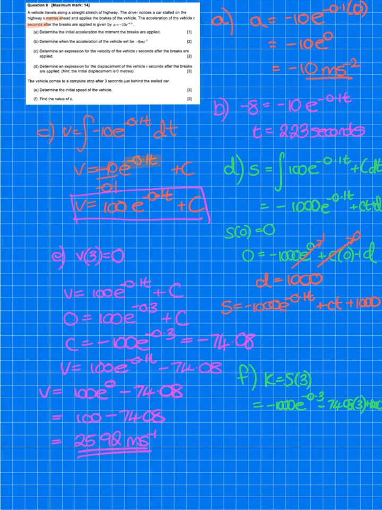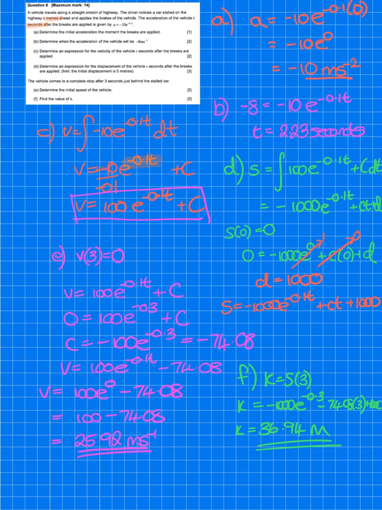Let's see if I can squeeze that in. Okay, and we just tap that into the calculator, and we get that the value of K then equals 36.94 meters for our final 3 marks there for the end.